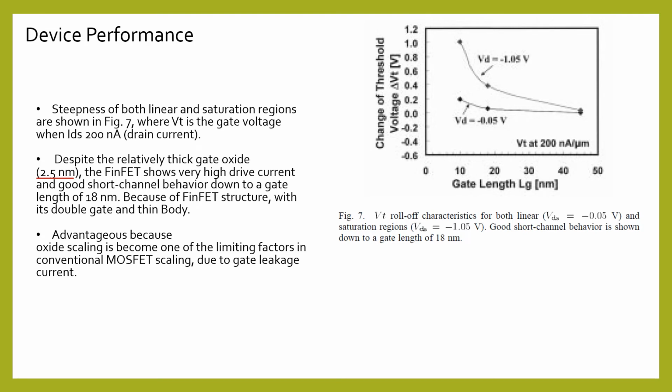Despite being very thick, FinFET showed a very high drive current and good short channel behavior down to those points, which correspond to approximately 18 to 19 nanometers of gate length, which is a very advantageous result because generally oxide scaling is one of the limiting factors in conventional MOSFET scaling, because when we decrease oxide layer thickness, leakage current is increased, which is highly undesirable.